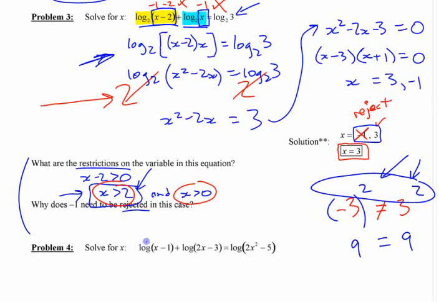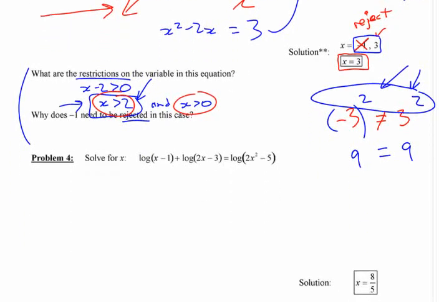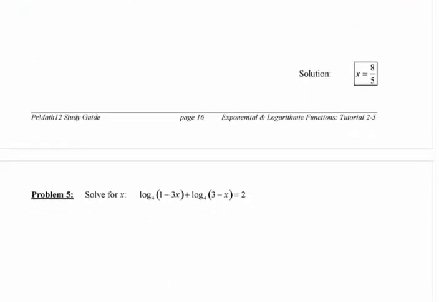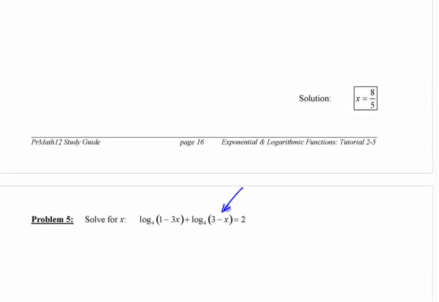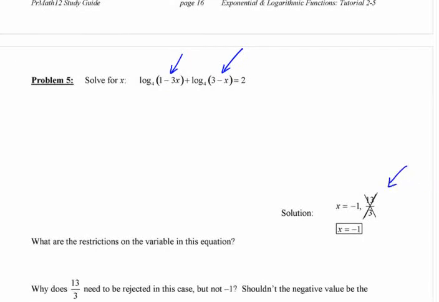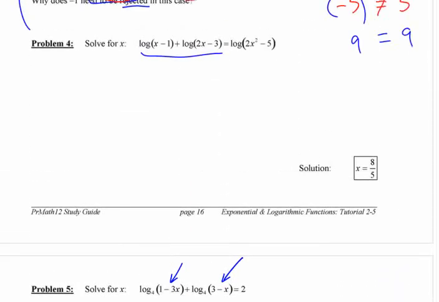All right? There's other things here, but the concept is no different. You're going to use the anti-logarithm, but you got to combine things together first. I might have made it tricky for you to check the restrictions like this one. You got to think about what the restrictions are there and look at what gets rejected. Make sure you notice that.